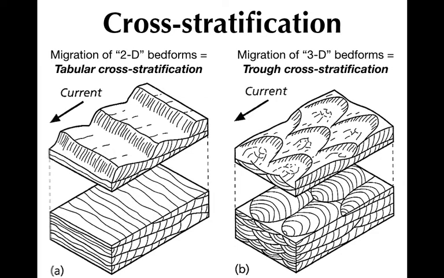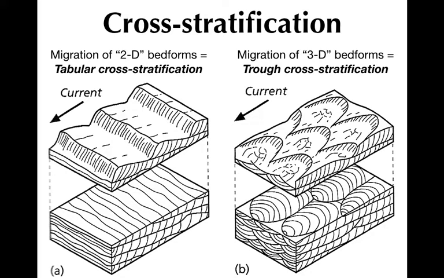Okay, another thing that you commonly find with stratification in a sedimentary deposit is that it's not all horizontal. You often have cross-stratification. We've talked about cross-stratification already. Cross-stratification is the product of migrating bedforms on the sediment surface. And by bedforms, I mean things like ripples or dunes.